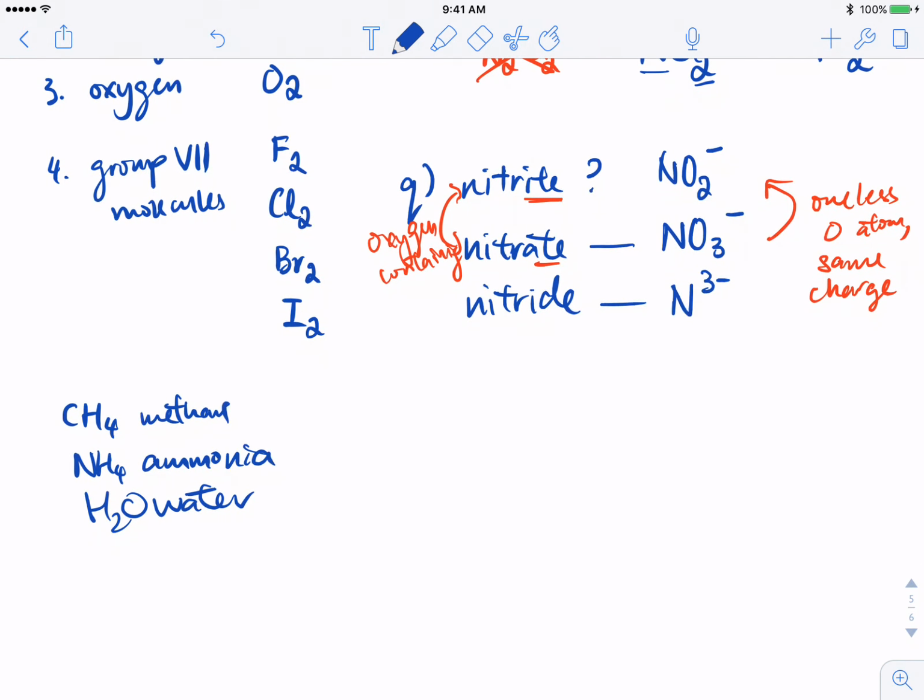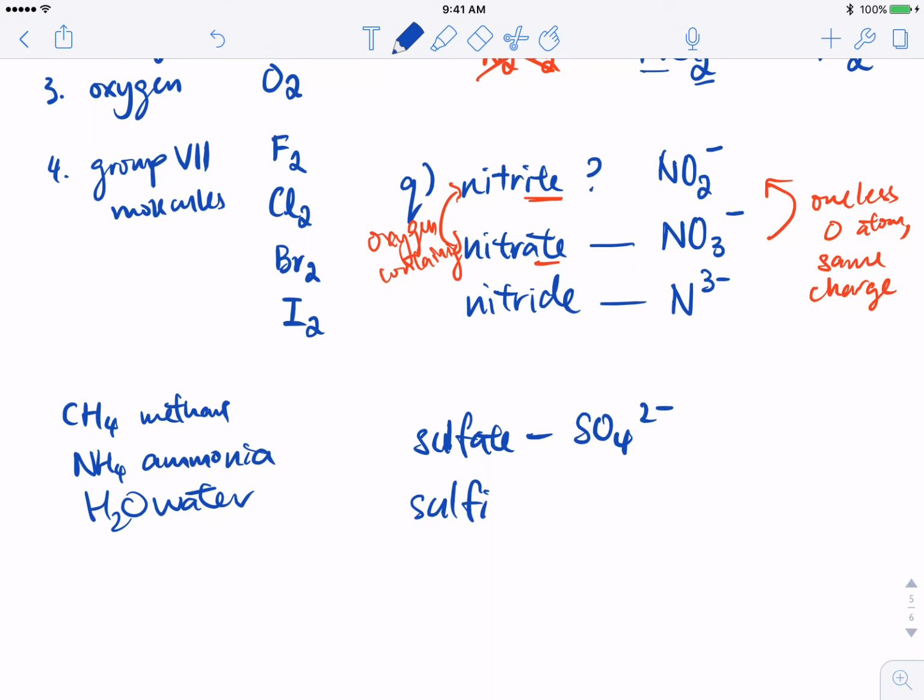This is the same for all the polyatomic ions. For example, sulfate is SO4 2 minus. So what is sulfite? Ending with ITE, we just remove one oxygen: SO3, with the charge staying the same, 2 minus. So this is sulfite. Okay, so that's all from me. Thank you for watching this tutorial.